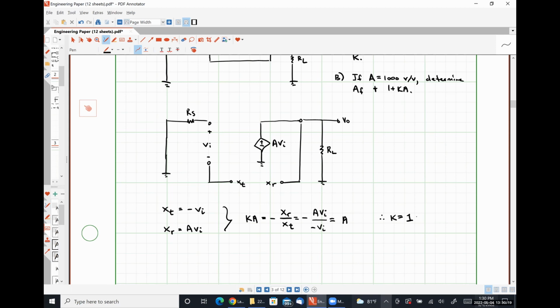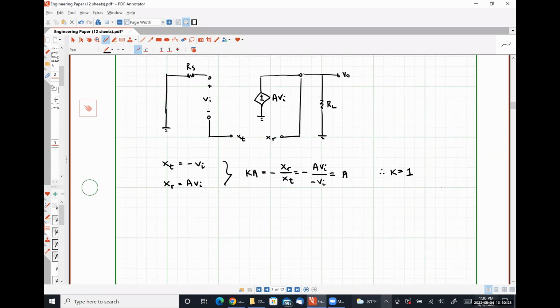All right, so now part B should be fairly straightforward, right? Our closed loop gain, AF, is A over 1 plus KA, or 1,000 over 1,001, which is 0.999 volts per volt.